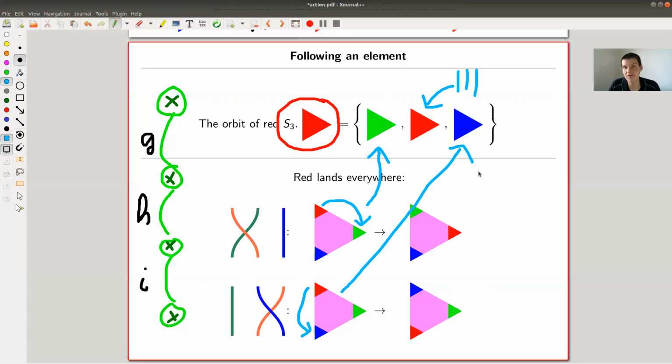I'll show you better examples in a second. This is a reasonably good example. The only thing that is not quite optimal is that my orbit is everything. It doesn't need to be the case. The orbit can be basically any subset of X, but it's really just an orbit. So you just pick your favorite element and you just follow it through the action. That's what's called an orbit.